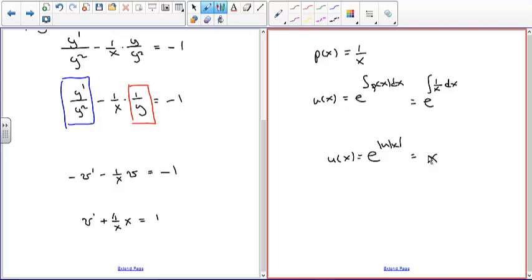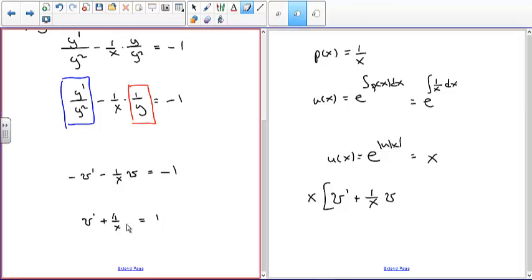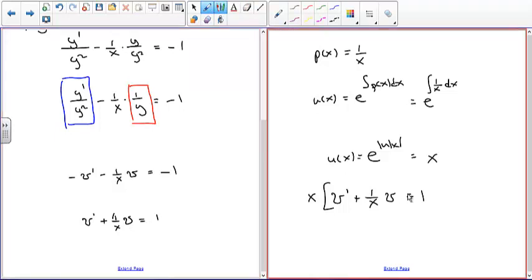So then I multiply my first order linear differential equation in standard form by the integrating factor. And this should have been v right there, sorry. Okay, so we get that.